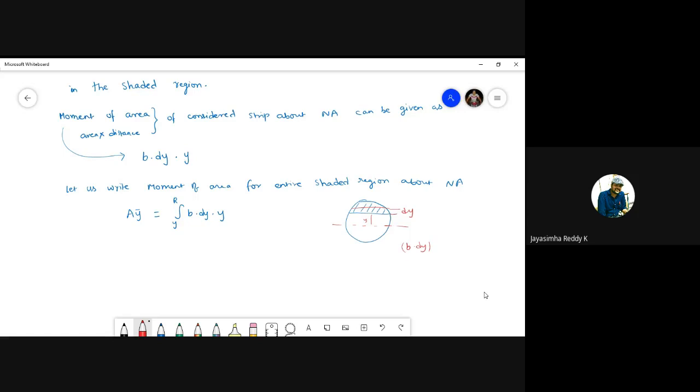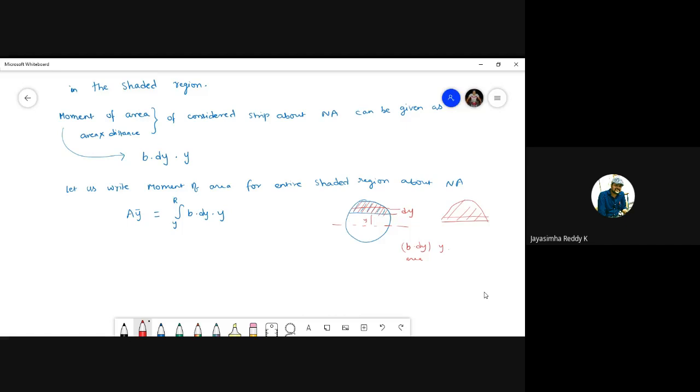So b into dy is area and y is distance. So I have written it for the small strip. If I want moment of area for the entire region, this is my entire region, and I have written for the small strip. So this small strip can be integrated to get moment of area for the entire shaded region.